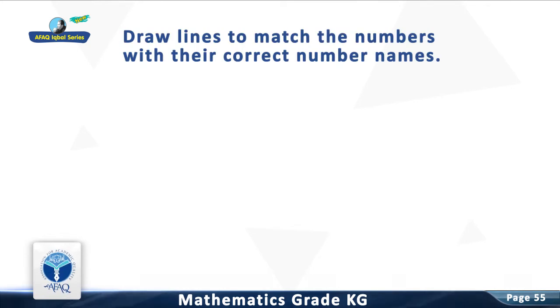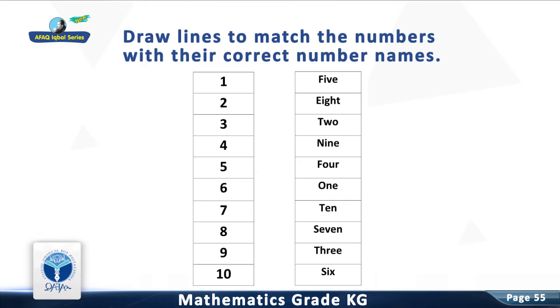Draw lines to match the numbers with their correct number names. Let's start. 1. Good. Number 1 is matched with ONE 1. 2. Good.